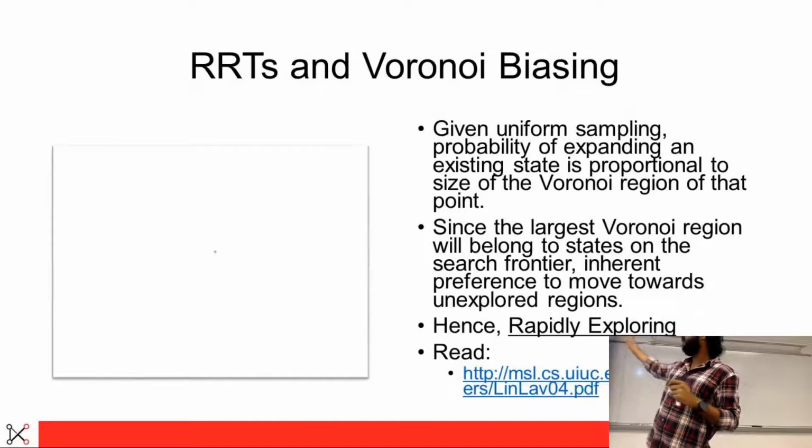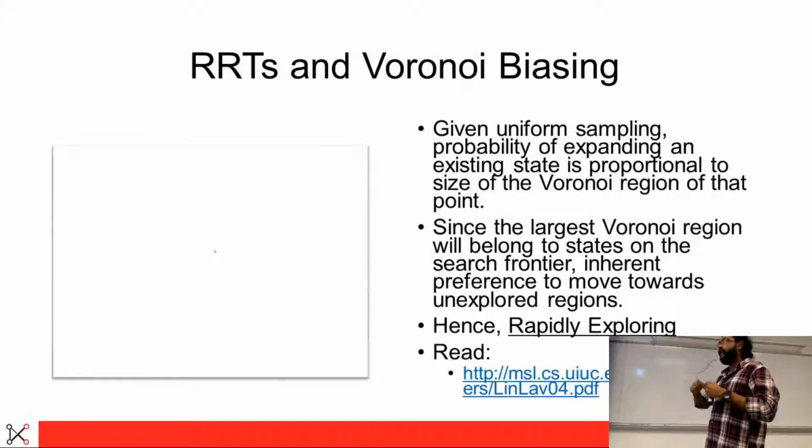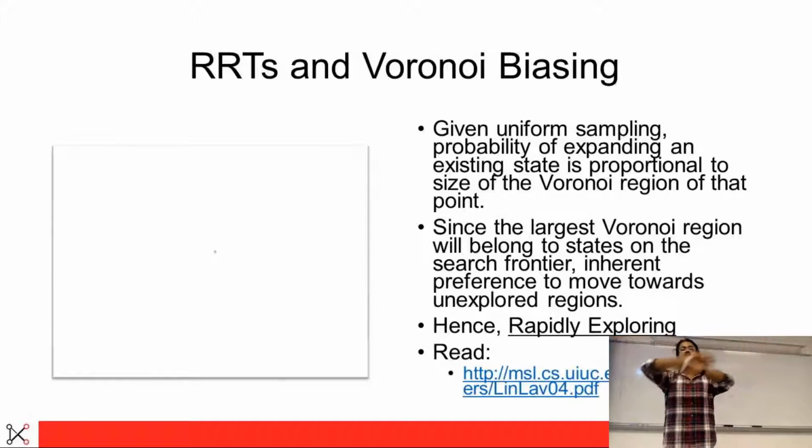And then suddenly it becomes super dense, right? That's where the rapidly exploring term comes from, because it immediately blows up and covers your entire space, right? Where that is related to Voronoi biasing, let's discuss.